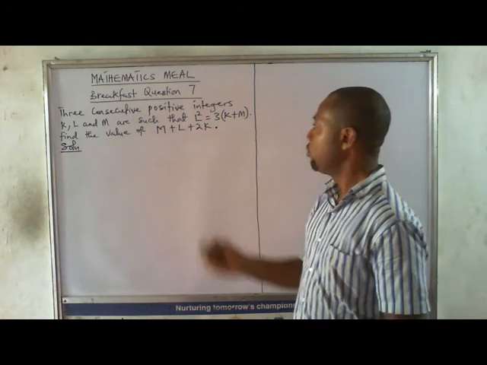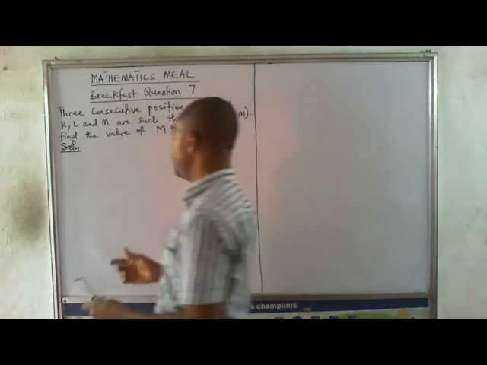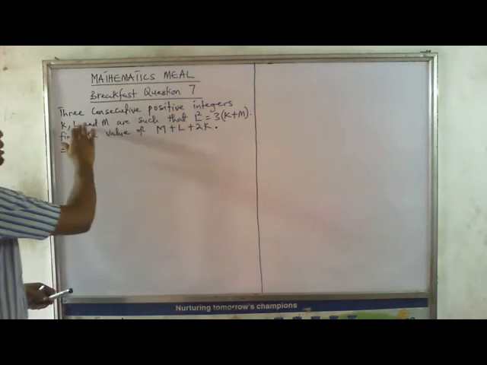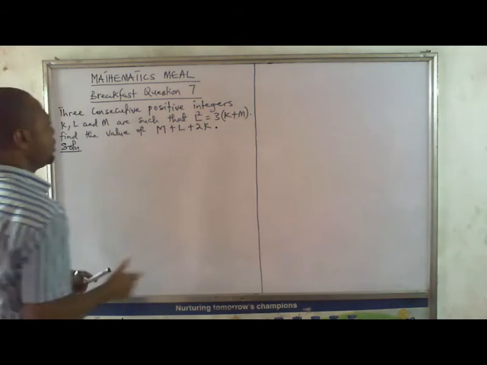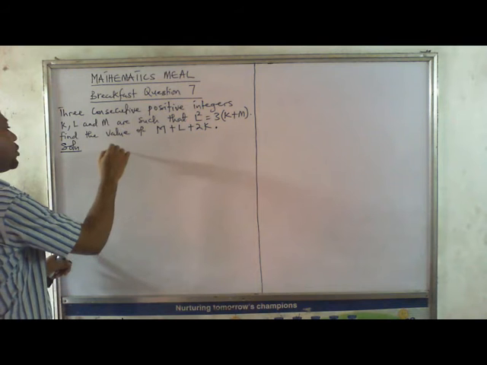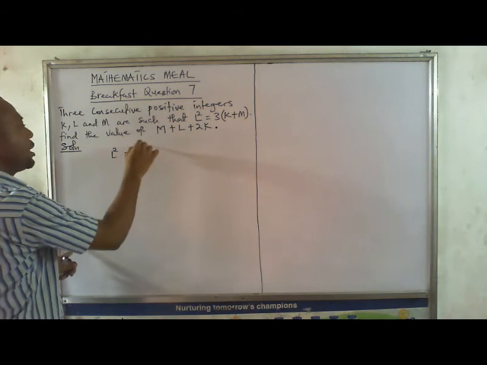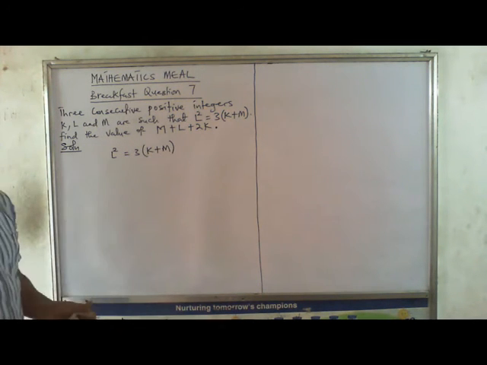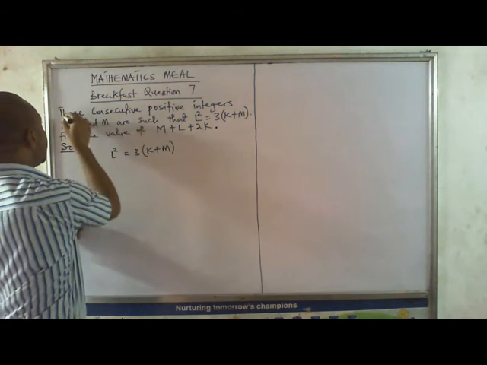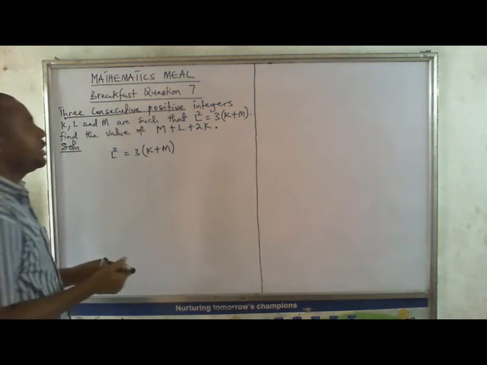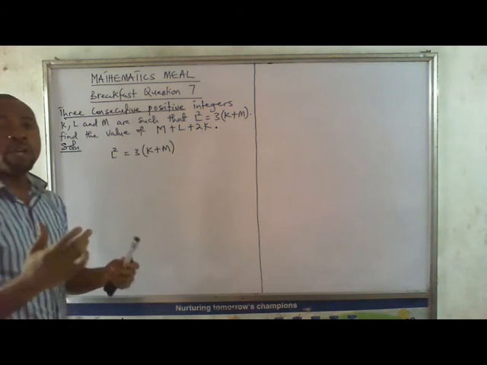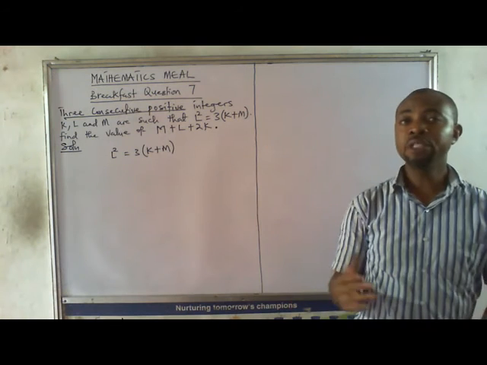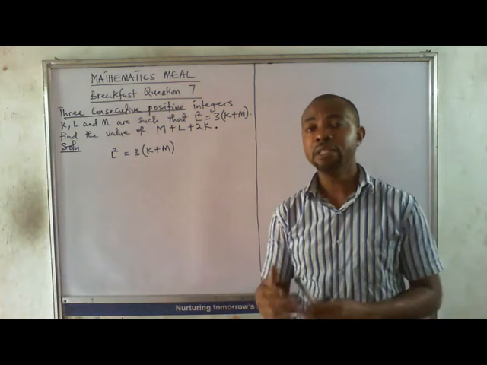So how do we go about it? They have given us the information that these are 3 consecutive positive integers, related by l squared equals 3 bracket k plus m. Another important piece of information is 3 consecutive positive integers. When we have consecutive numbers, the difference between consecutive integers is 1.